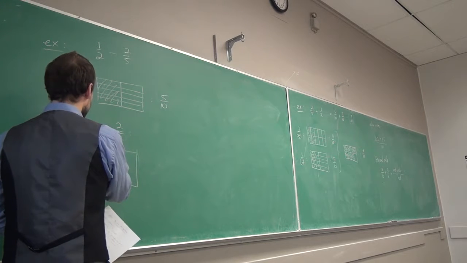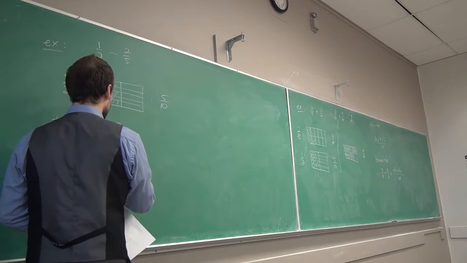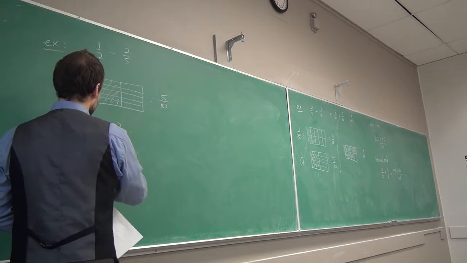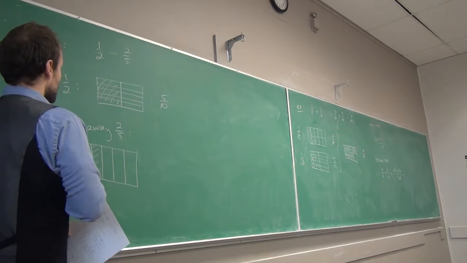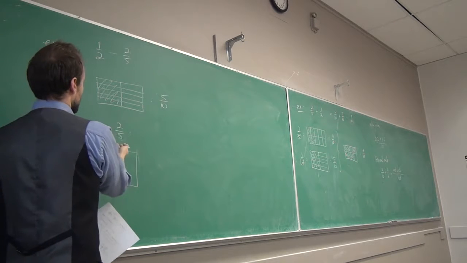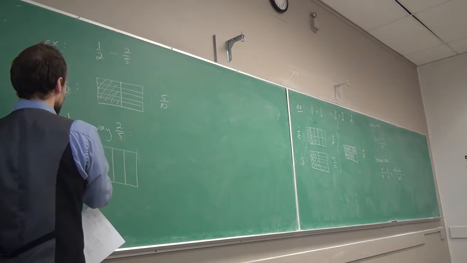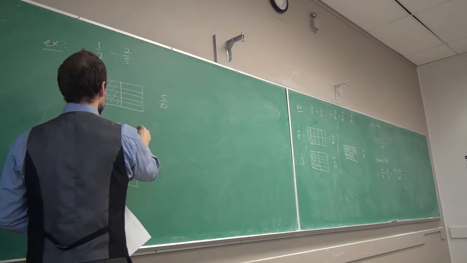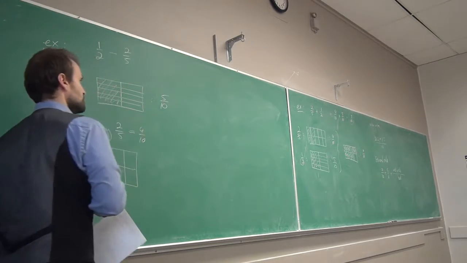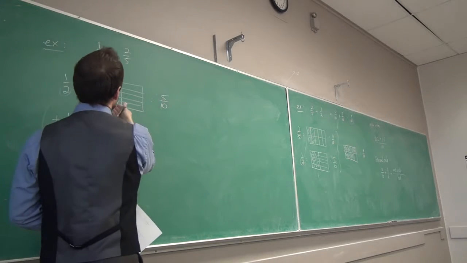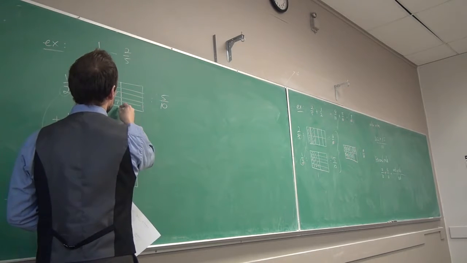It's not actually there, but I do have to visualize it, I suppose. This is what I'm trying to take away from this region. But I can't see it necessarily until I take this 2 and split it in 2 and see that that's actually the same as 4/10. So now I can go here and take away 4/10 from here.